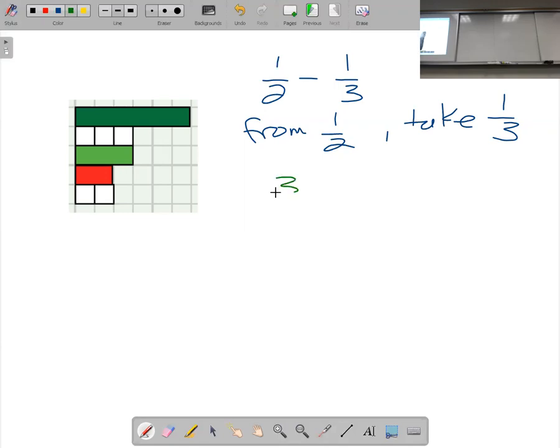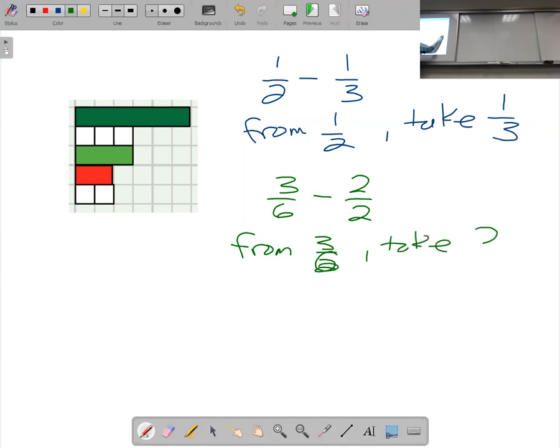So now we've got 3/6 minus 2/6. So this now becomes pretty easy. So from 3/6, take 2/6. Now can we easily identify what's left? There should be 1/6 left. We should make that as a statement. There it is, 1/6.